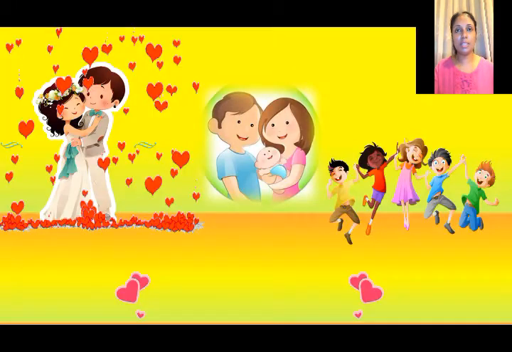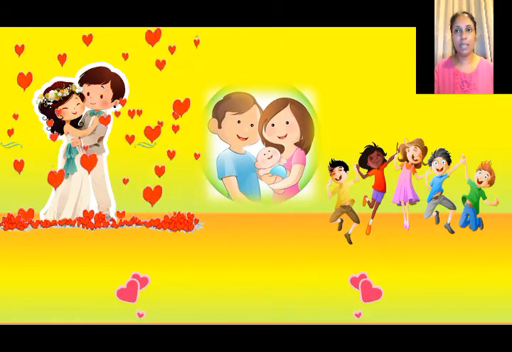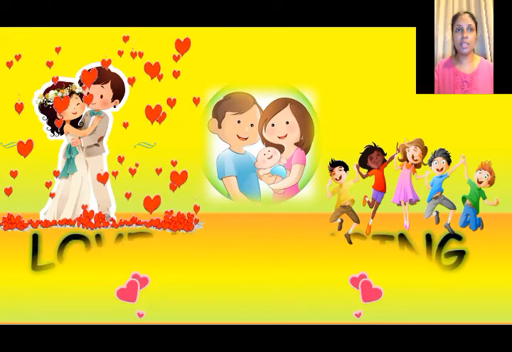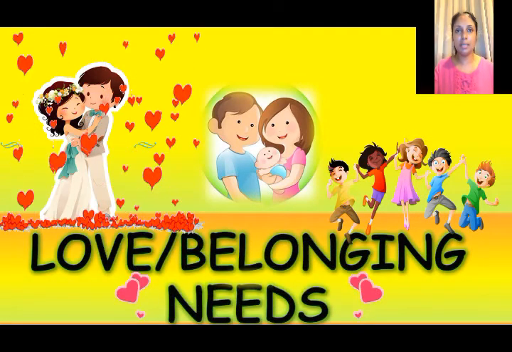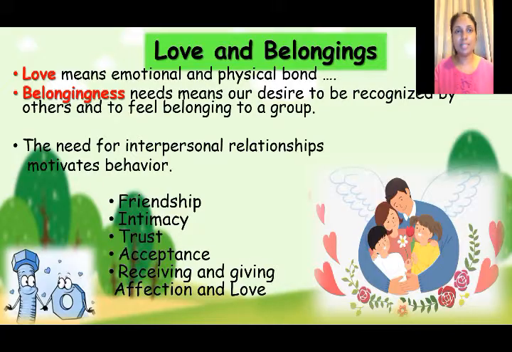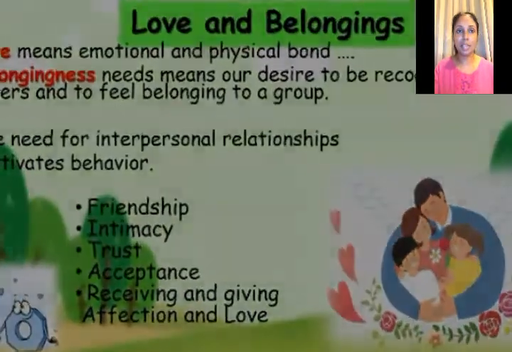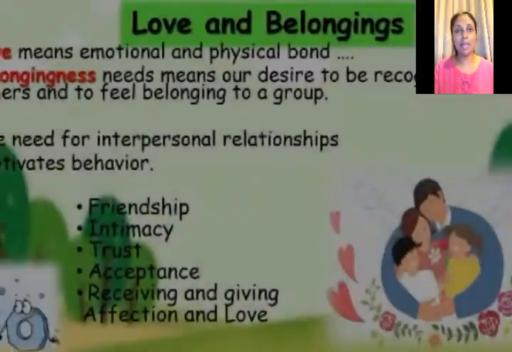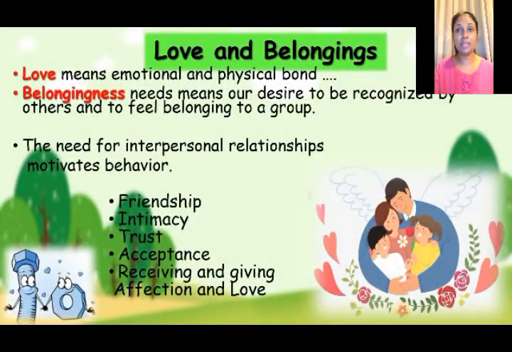After physiological and safety needs have been fulfilled, the third level of human needs is social and involves feelings of belonging. Love is defined as the emotional and physical bond we feel towards others and is characterized by a variety of attractions, affections, intimacy, and commitment.